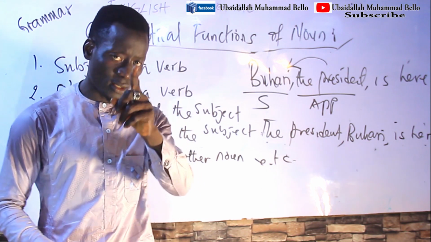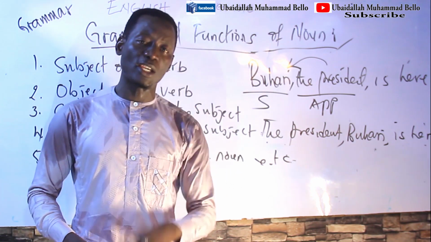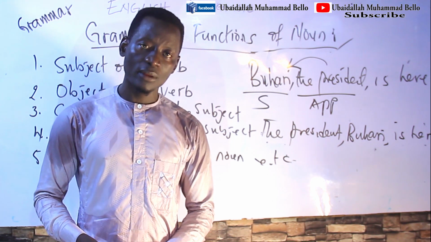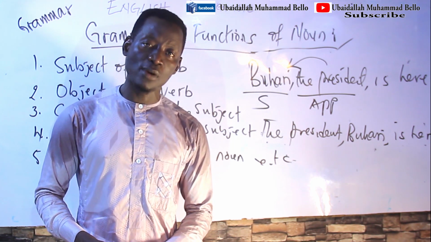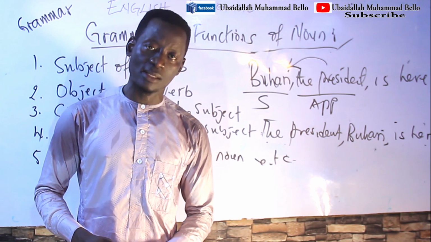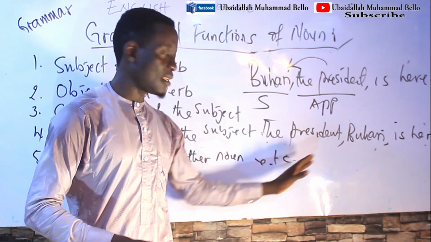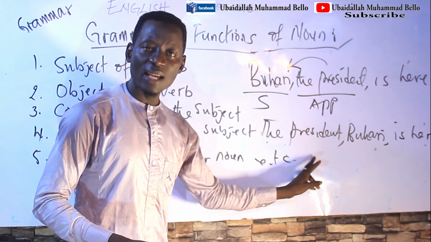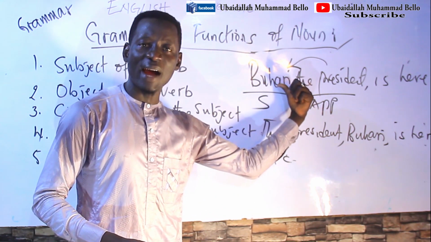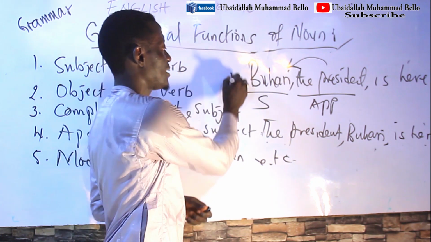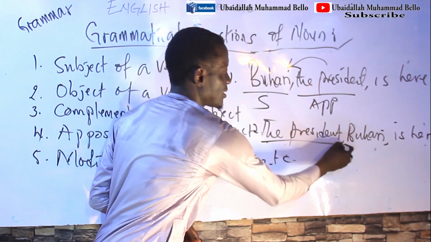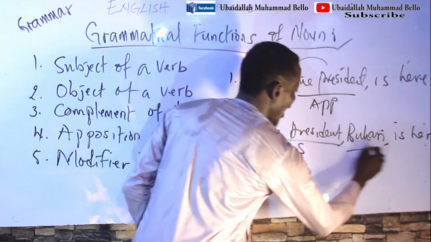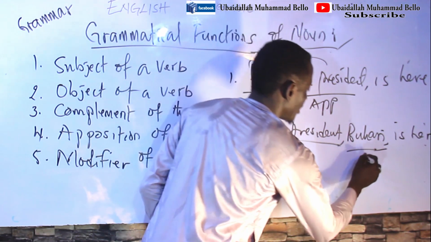No. Do not forget our discussion on context, for you to justify how your classification of words is based on the analysis you are into. By this contextualization, president has occupied the position of Buhari compared to the first sentence. Therefore, president here still becomes the subject, while Buhari here becomes what?